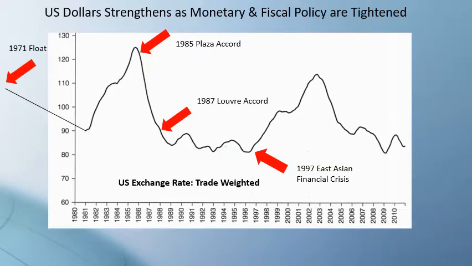Okay, so in 1979, the US, Volcker switches the US to high interest rates to fight inflation.